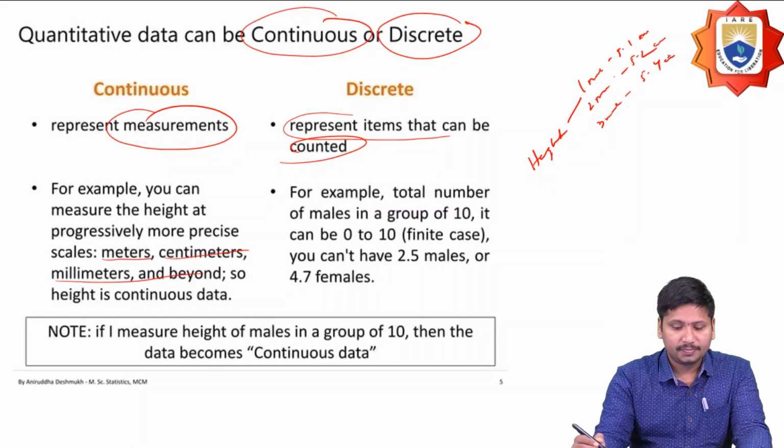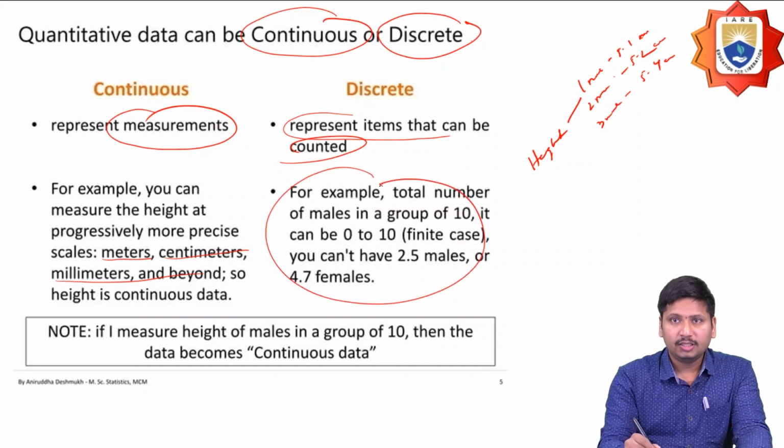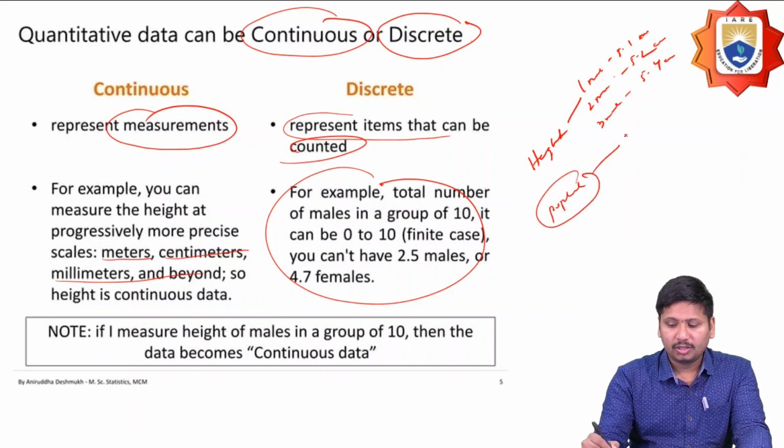Similarly, if I consider the discrete one, here it is the number of males in a group. Suppose I have a population and I want to measure how many men and how many women are in this population. Let it be 10,000 men and 5,000 women in some particular village.